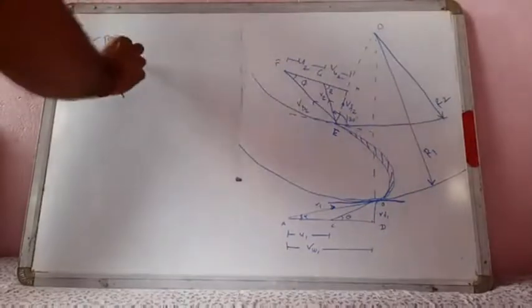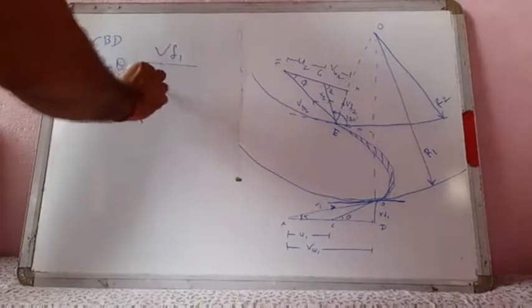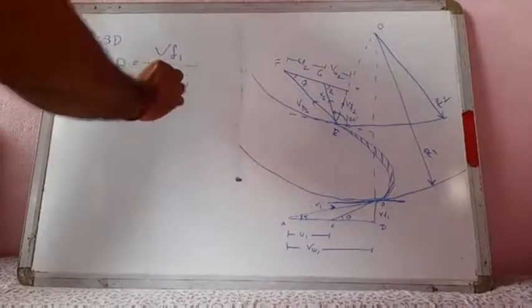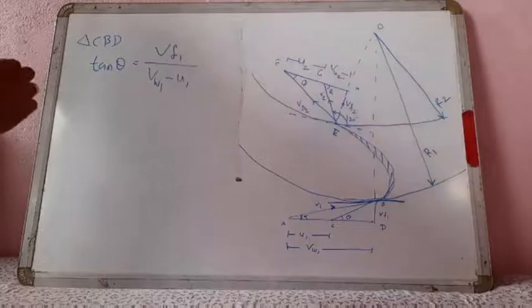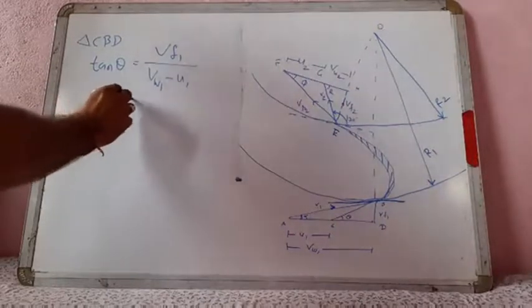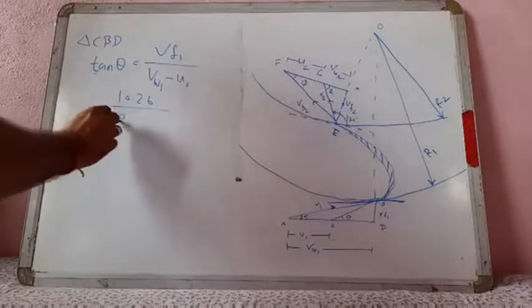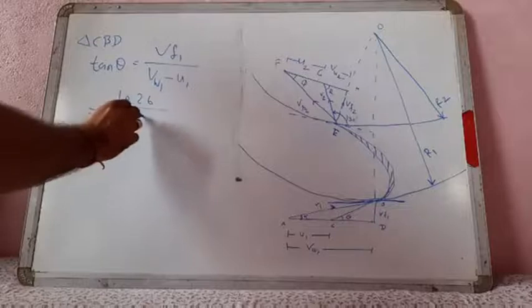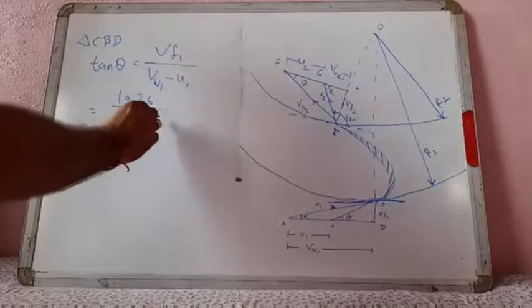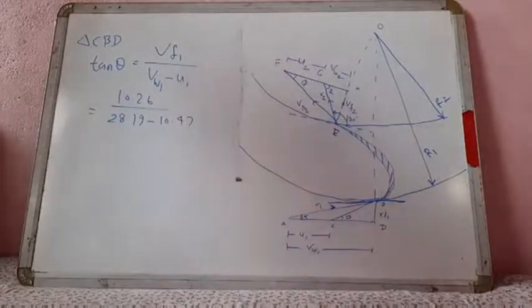So tan theta is VF1 by VW1 minus U1. Putting the values, this is 10.26 divided by 28.19 minus 10.47, the value of U1.